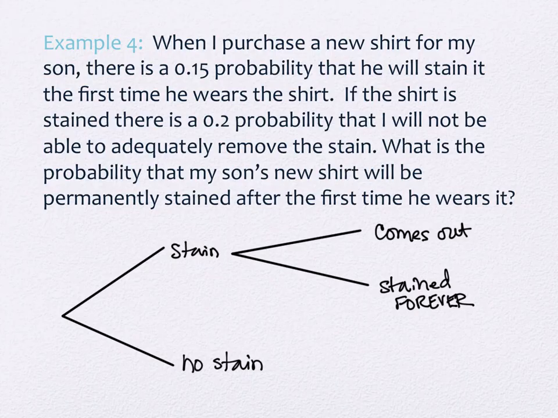All right. What is the likelihood that when my son wears the shirt the first time he stains it? Another reason this is given to you this way is because I want you to see we can use decimals. There's nothing special about fractions, though we've seen fractions used in many of them. So if it's got a 0.15 chance of being stained, what is the likelihood that it's not stained?